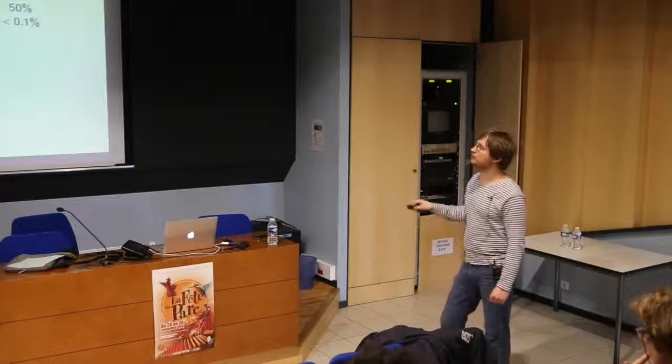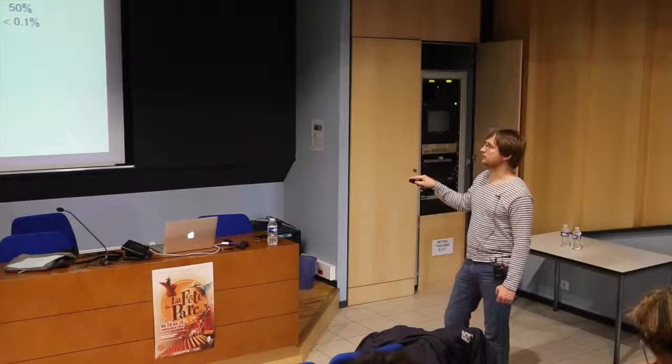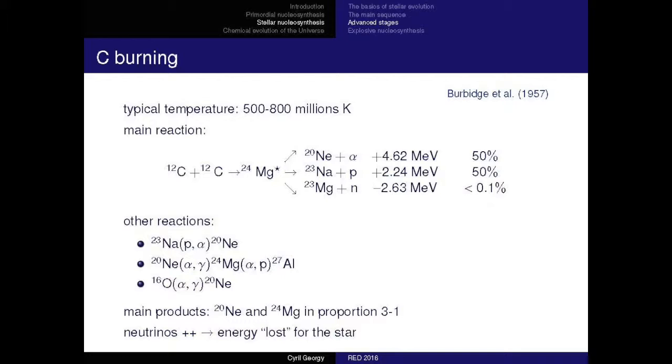And the main reaction from here is the fusion of two carbon-12 atoms that will go to an excited state of magnesium-24, and then this magnesium-24, depending on the conditions a bit, can go through different channels producing neon-20, sodium-23, magnesium-23, and so on.